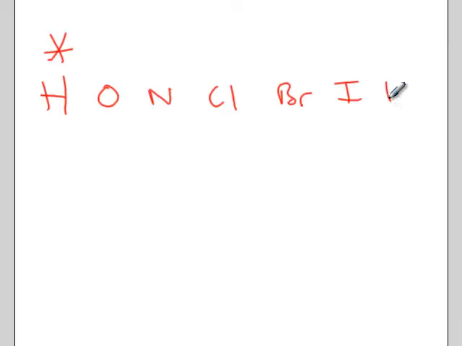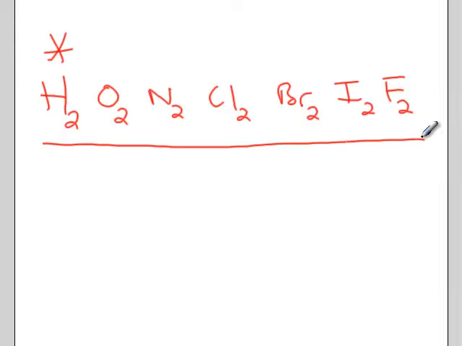It's easy to remember if you remember the word Hunkelbrief. So that made-up word Hunkelbrief means hydrogen, oxygen, nitrogen, chlorine, bromine, iodine, and fluorine. These are found most stably as two atoms of that element chemically connected together.